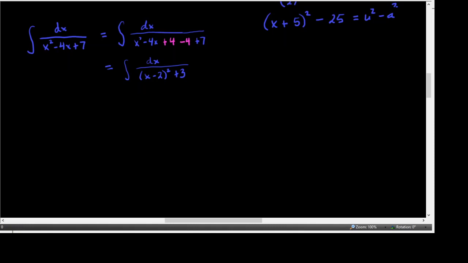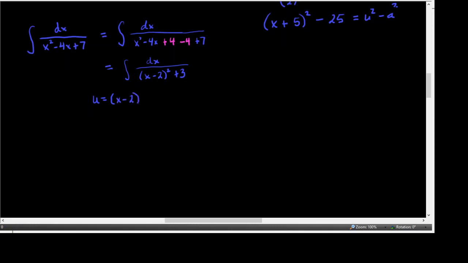It's the u squared plus a squared in the denominator. Notice that this is u squared plus a squared. I said earlier the order of those two doesn't matter. The form says a squared plus u squared, but it's not an issue what order you add in.